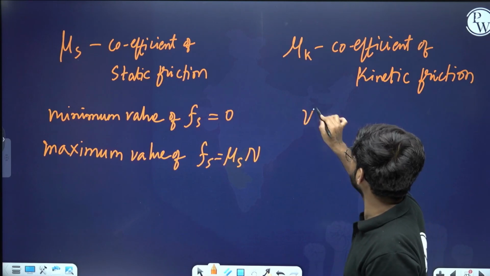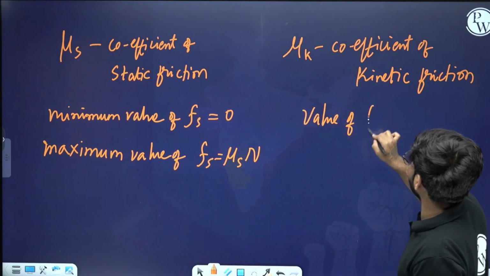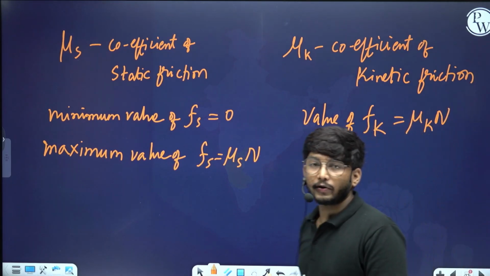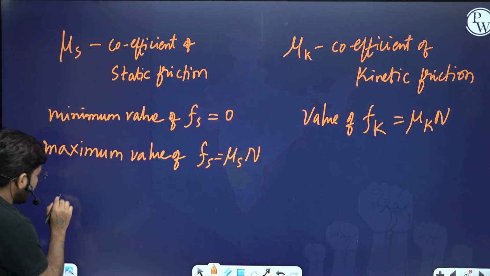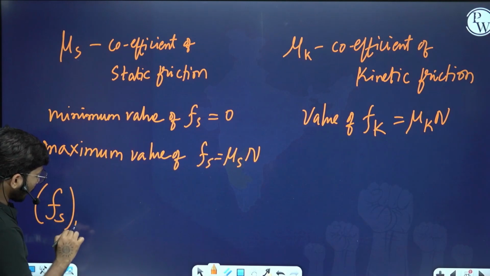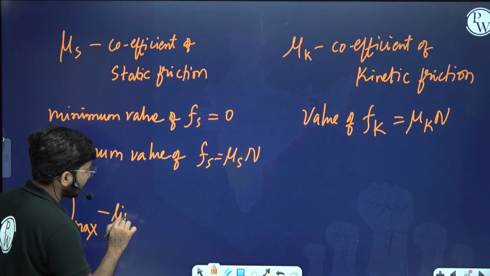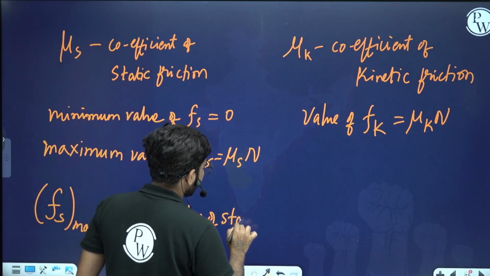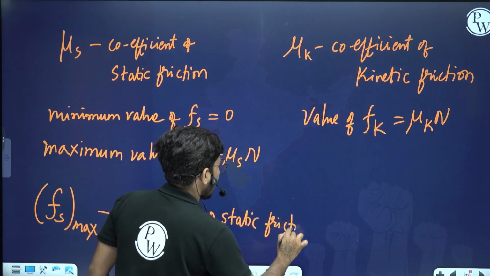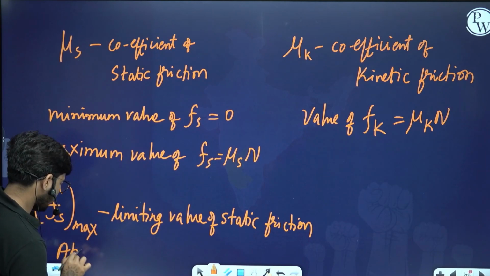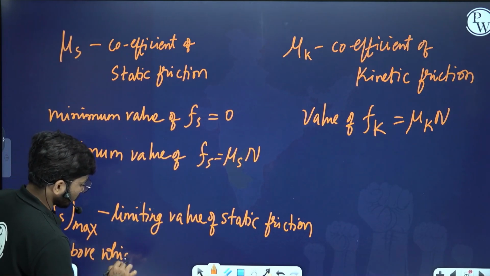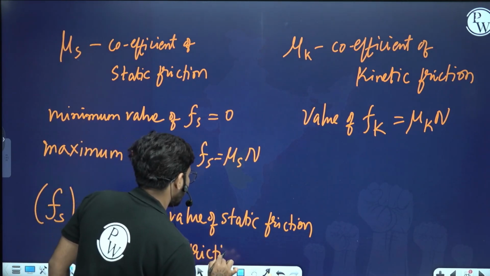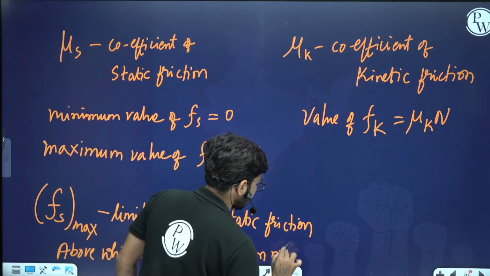This definite value of Fk will be equal to mu k into N. This maximum value of Fs is what we call the limiting value of static friction, above which static friction cannot go.